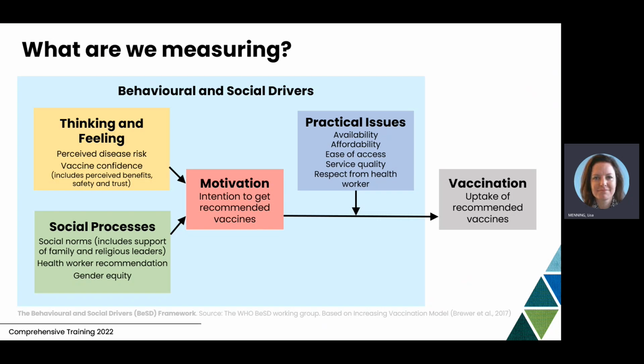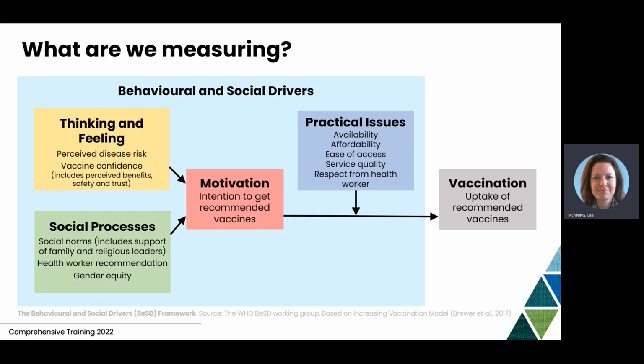So these four domains unpack further into various constructs or themes. And we use this as a basis for measuring the different drivers of vaccine uptake. And this enables us to know that we're measuring all of the right domains or constructs as we carry out surveys or interviews.